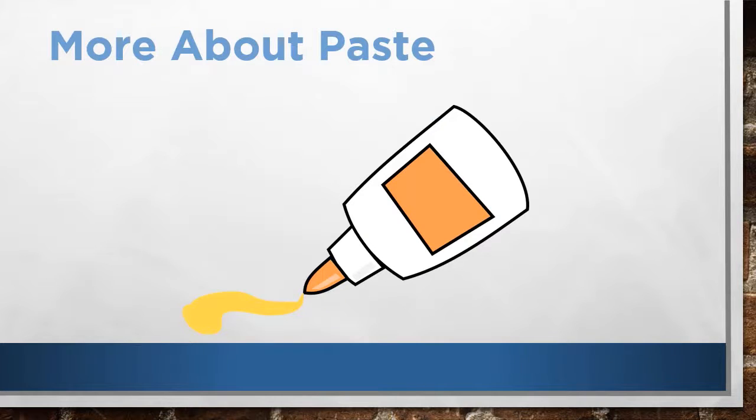Remember how we first talked about the paste button and how we said it's a composite button, meaning that the top part of the button is just a standard paste.